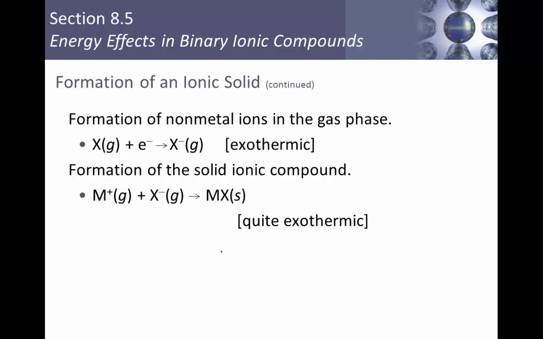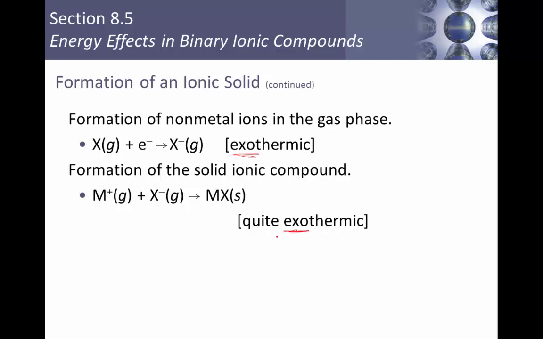Okay, so we've got our ions formed, right? Oh, not quite yet. We have our separation of our nonmetal, and now we're going to take our nonmetal and turn it into an ion. This is the electron affinity energy. We've got our first exothermic step here, energy going out. Now we can form our ionic compound, our metal bonding with our nonmetal, our completion of the noble gas configuration, and lots of energy is released.